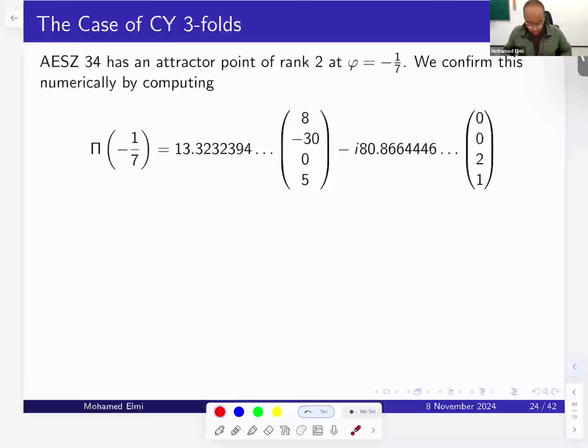Okay, so I promised examples, and here is an example. So you numerically just compute the periods of some polymorphic form. I use some topological data to fix this, and they had these three numbers in this matrix that we saw earlier. And you can just analytically continue however you like.